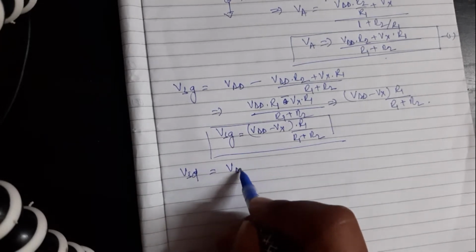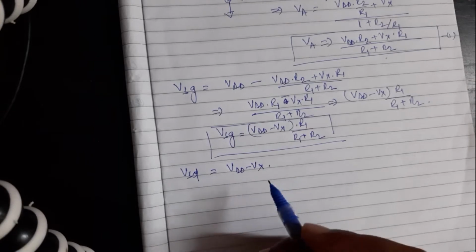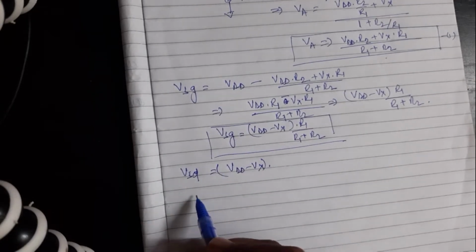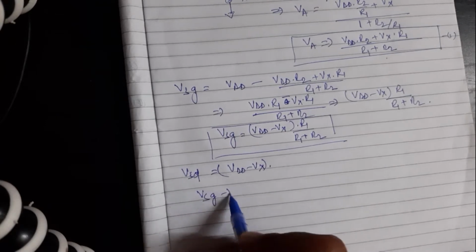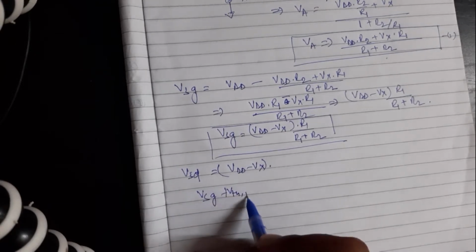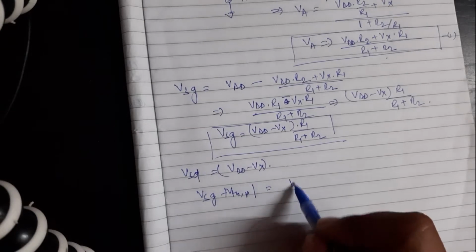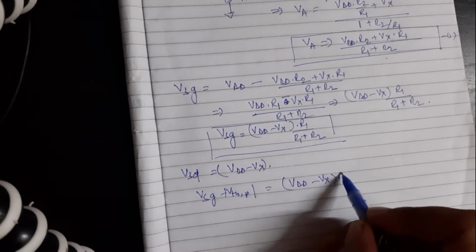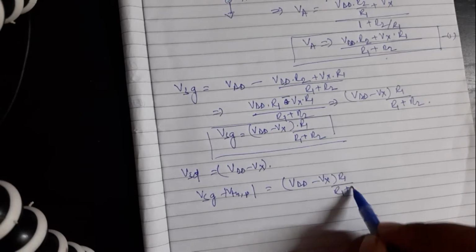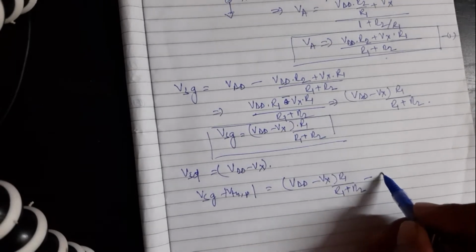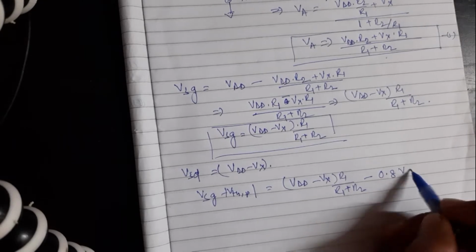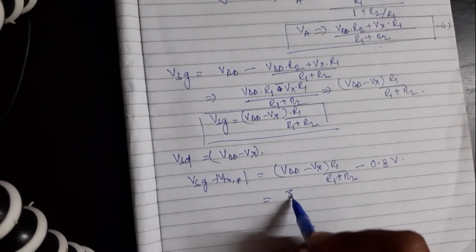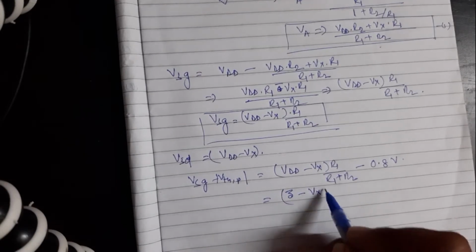VSD is simply VDD minus Vx, right? And what about VSG minus VTHP, which should be VDD minus Vx times R1 by R1 plus R2, minus 0.8 volts. So let's put the values for VDD, which is 3, minus Vx.